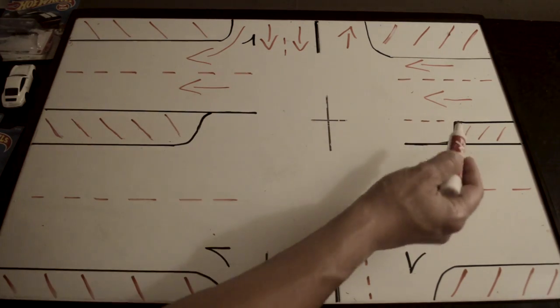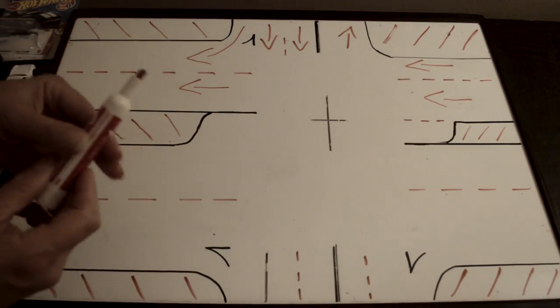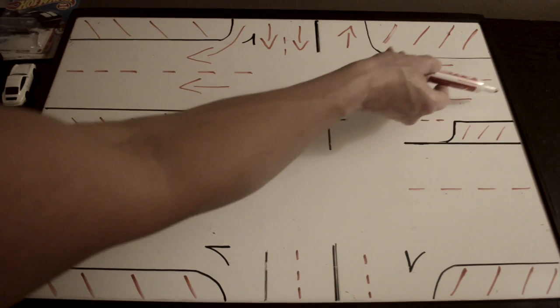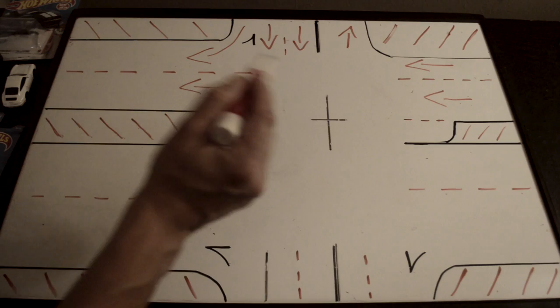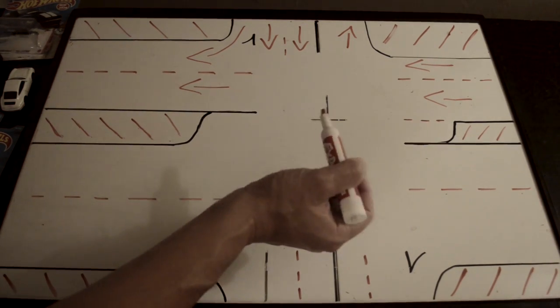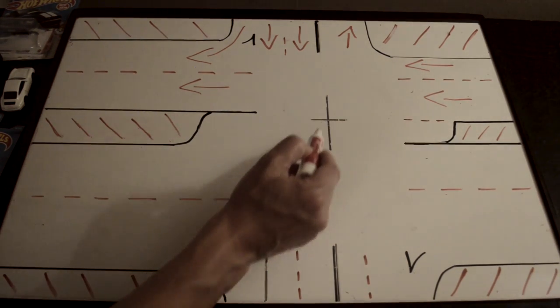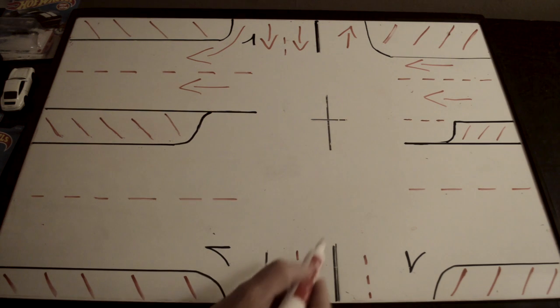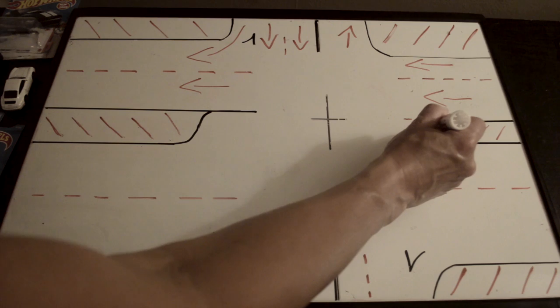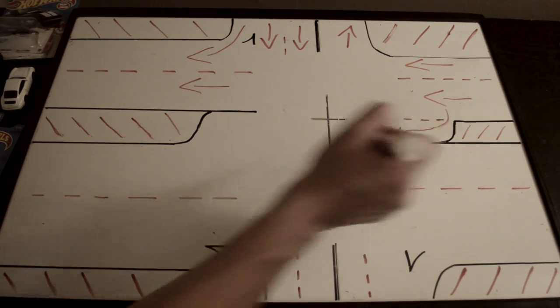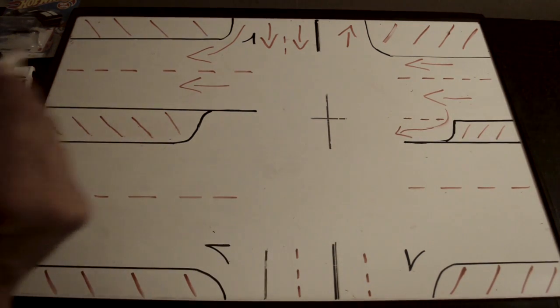And you can see here that for the people traveling this way, they can either go straight, or if you will be making a left-hand turn to come down this road, you could go into this lane here and make a left-hand turn.